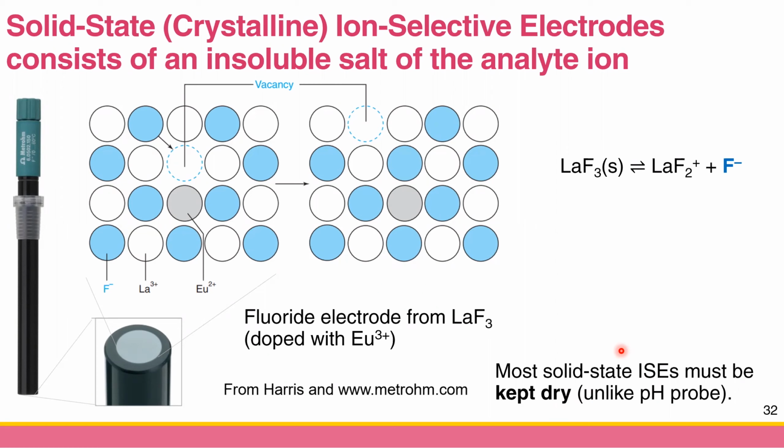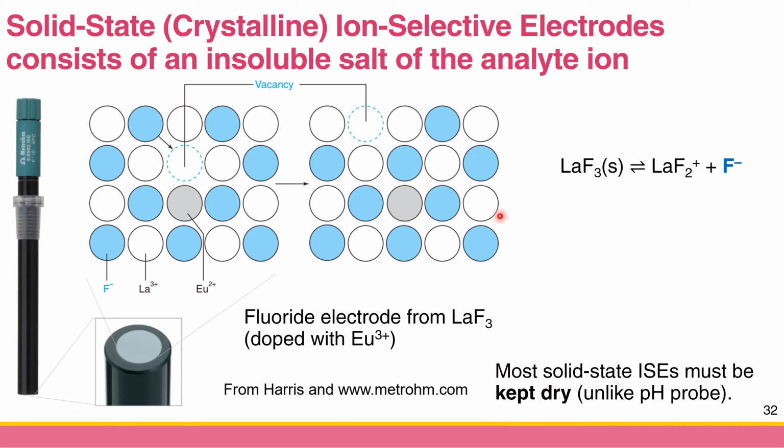For the glass membrane electrode, you have to keep it in aqueous solution all the time, right? So that you keep the hygroscopicity, the gelation and the ionic exchange process. But for the solid state electrode, you need to keep it dry. You must not put it in aqueous solution when you want to store it. So this is the principle of the solid state ion selective electrode.